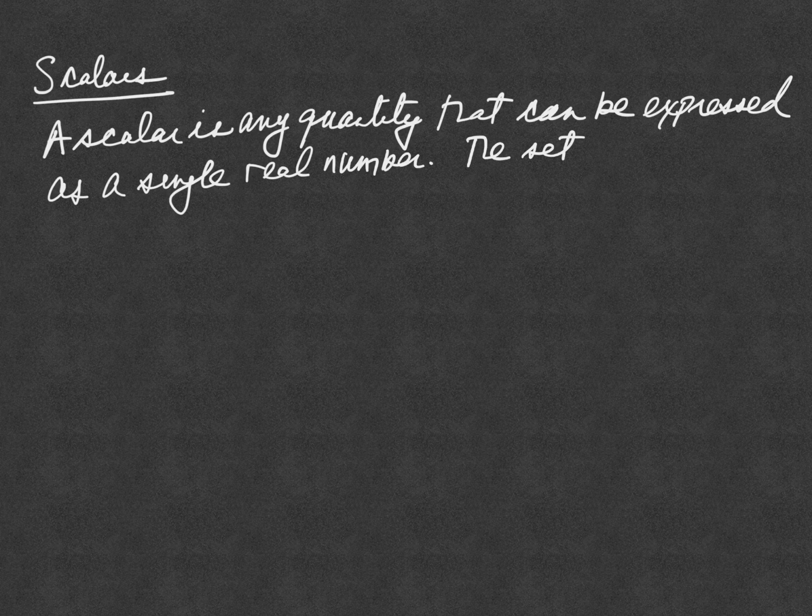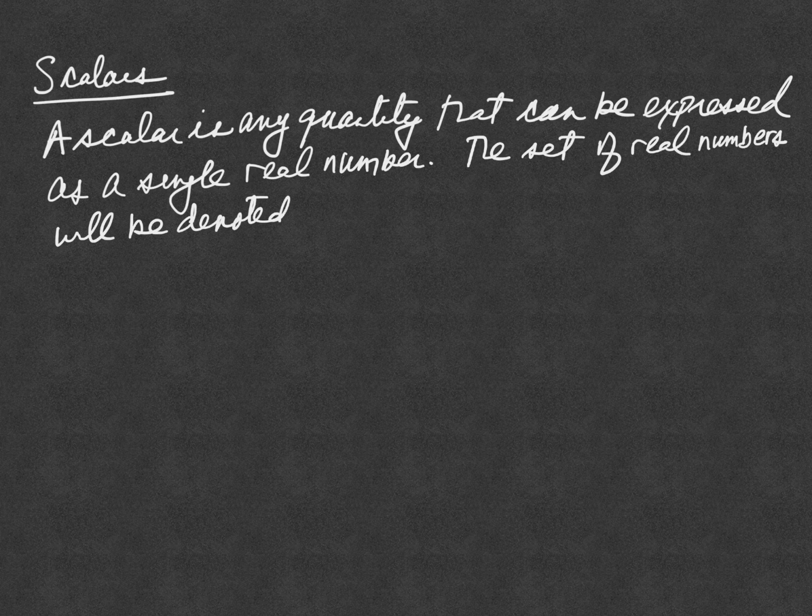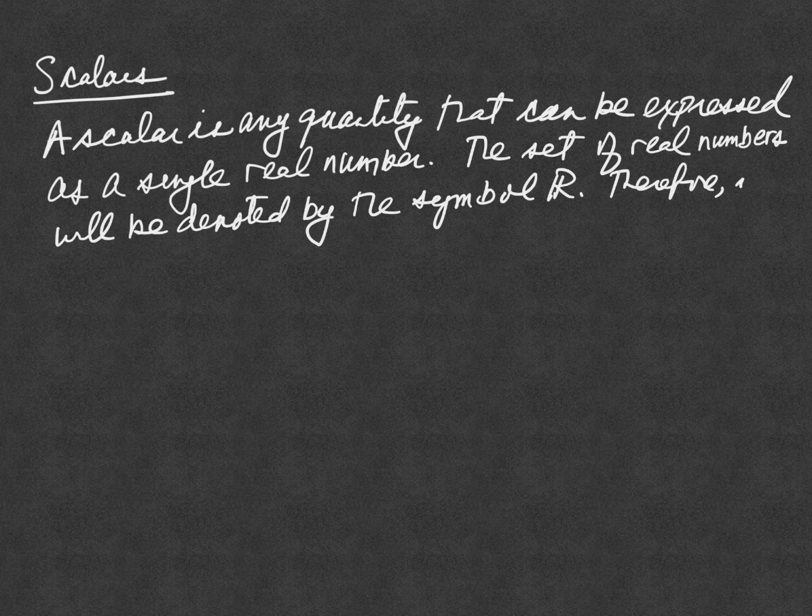A set of real numbers will be denoted by the symbol R. So therefore, if B is a scalar, then B is said to be an element of the real numbers.